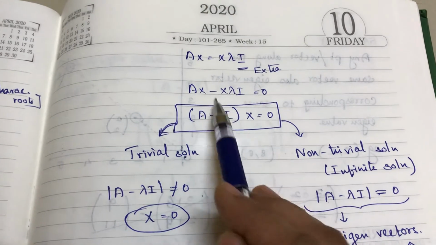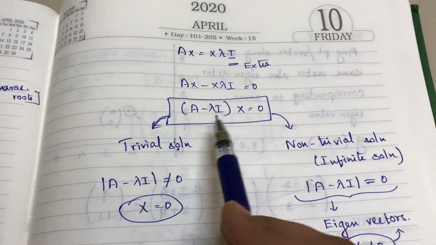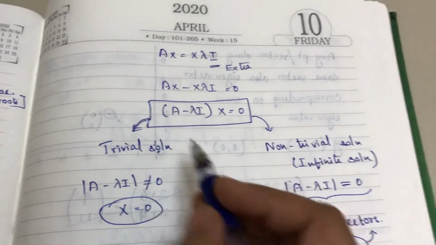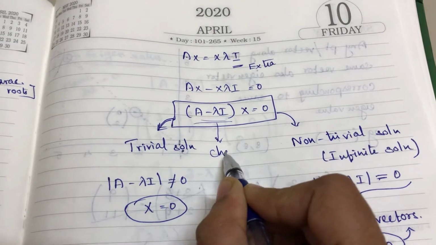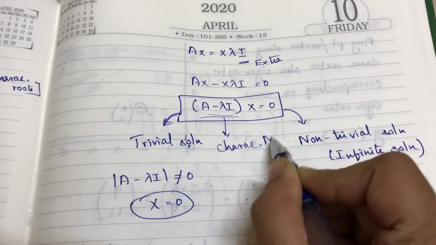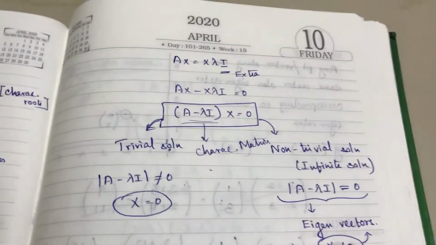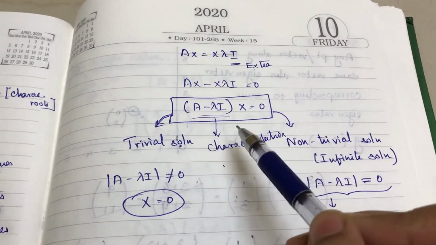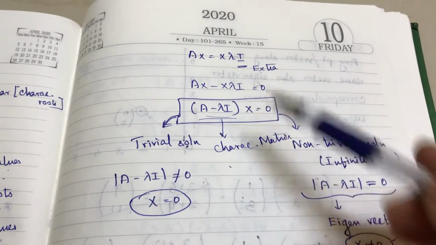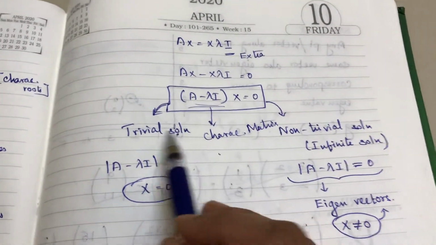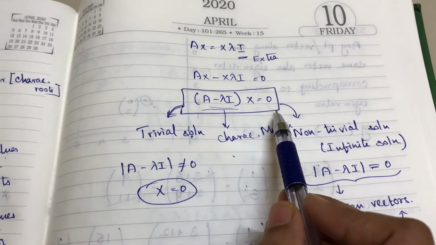Take the x outside; this x is a non-zero vector, the eigenvector. So what is A minus lambda I? It is the characteristic matrix. We form the characteristic matrix by introducing I. So A minus lambda I into x equals 0.